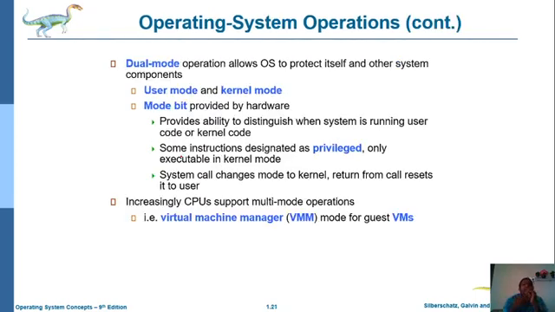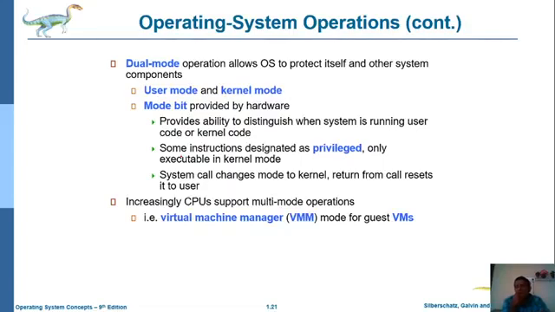In this process, the operating system supports two types of operations: single mode operation and dual mode operation. Dual mode operation means that a particular operation can be performed by both modes, one is the user mode and the other is the kernel mode.